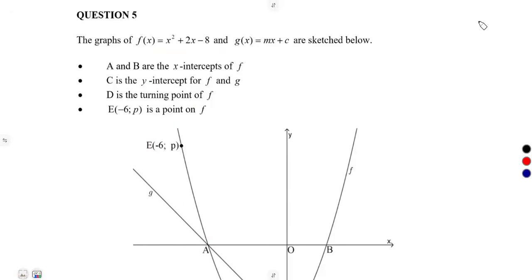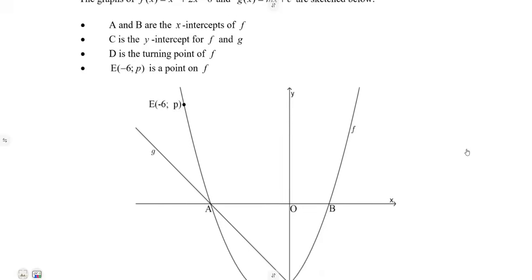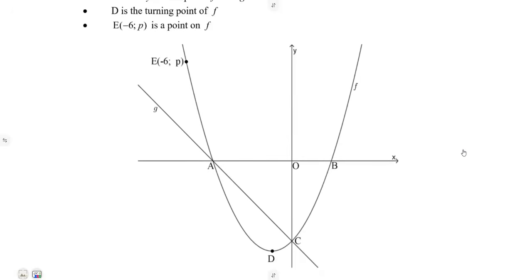So moving on to question number 5, where we are given the graphs of f of x and also the graph of g of x. They are sketched below. So this is the sketch that we are given. Make sure you download the question paper so that you can properly see the questions and also the diagrams.